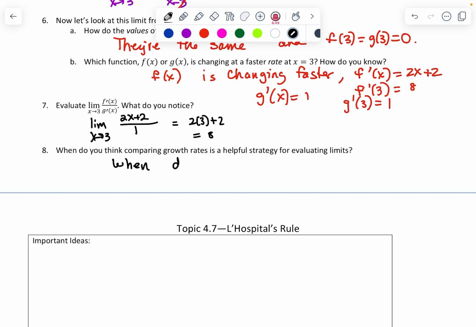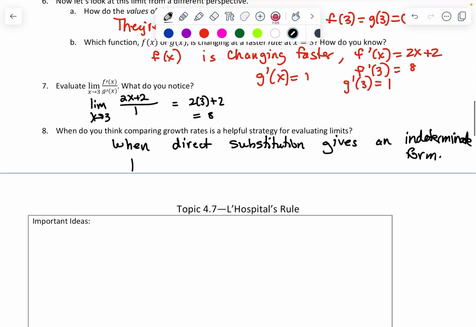Well, it's when direct substitution gives an indeterminate form. And here's kind of the big idea. The limit as x approaches a of f of x over g of x. Now this is only when you have the indeterminate form. Then you can compare their growth rates.